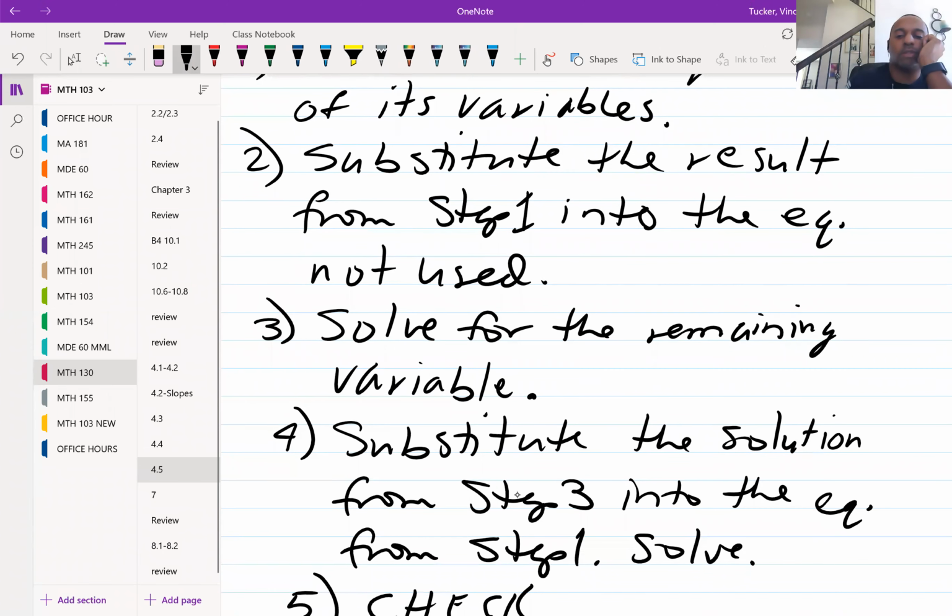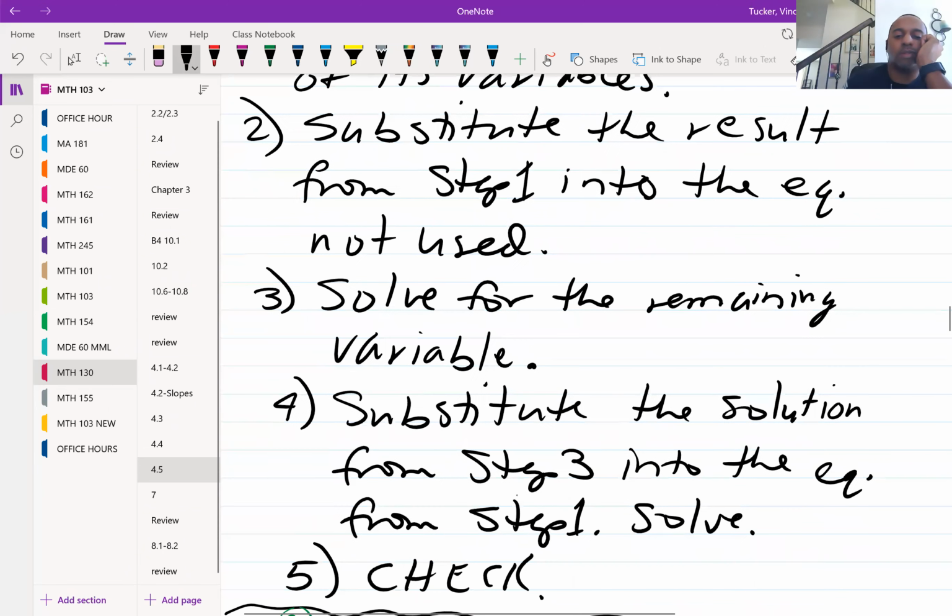All right. Step 4, substitute the solution from step 3 into the equation from step 1.